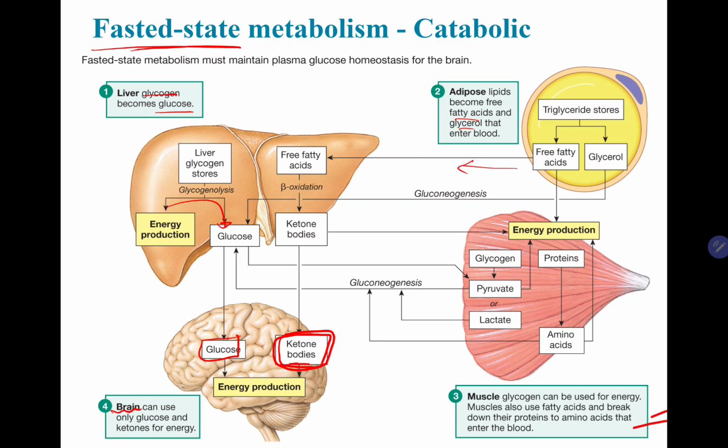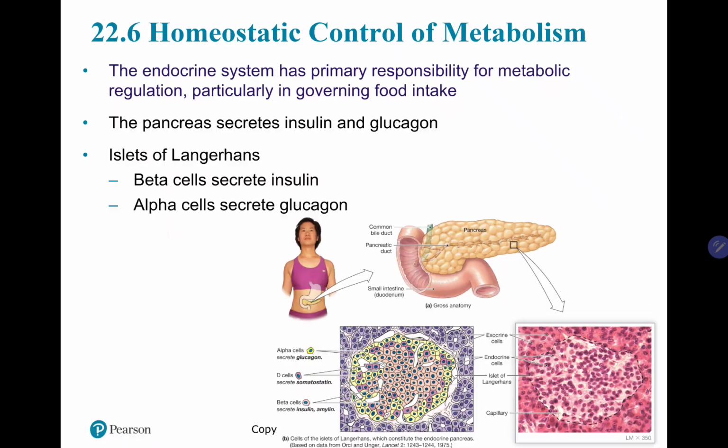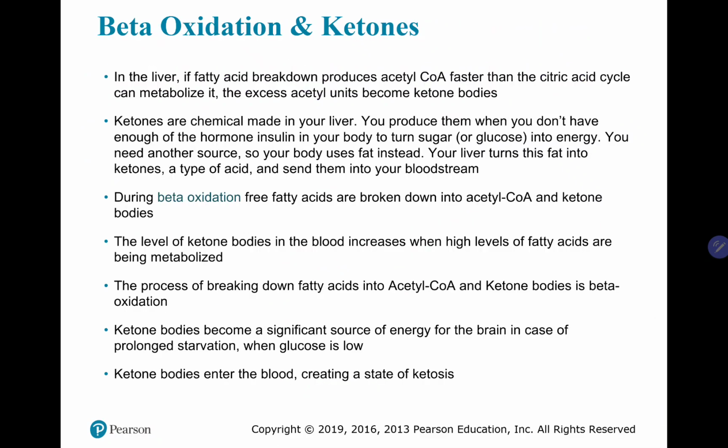And so let's hit on that for a second about beta oxidation and these ketones. So in the liver, if fatty acids are broken down to produce acetyl-CoA faster than they can be siphoned into the citric acid cycle, those excess acetyl units are going to become ketone bodies. Ketones are these chemicals made in your liver.